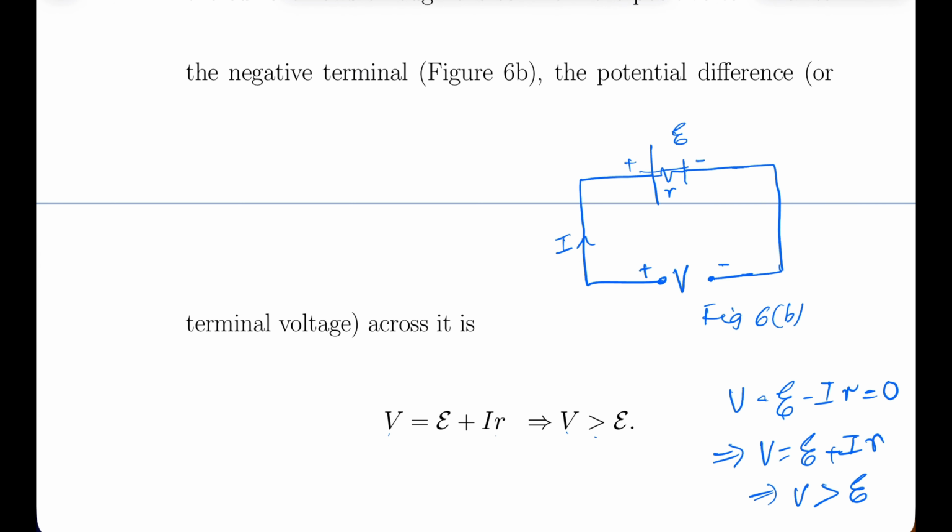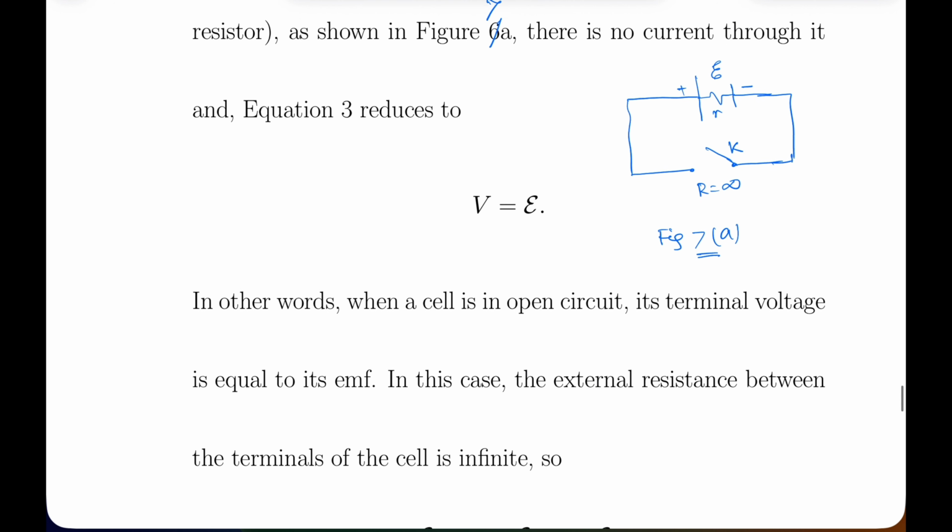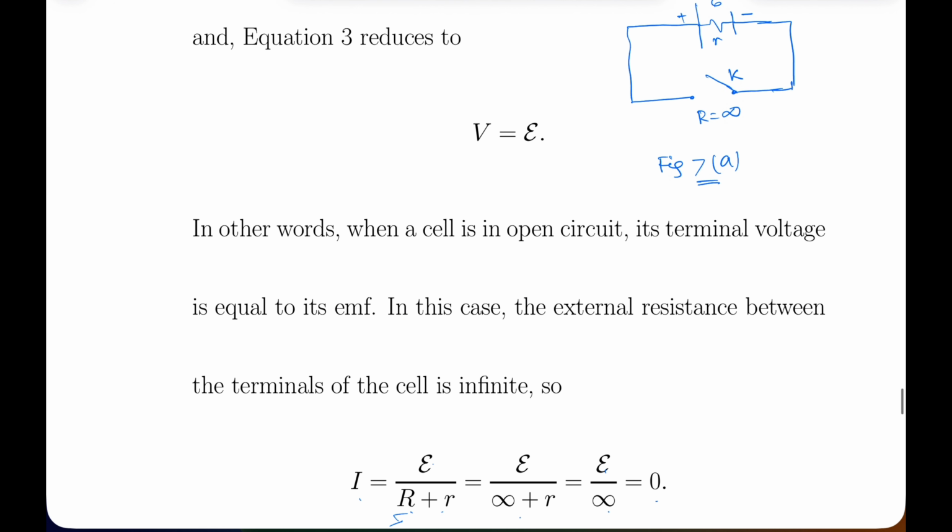When a cell is in open circuit, that is, it is not connected to an external resistor as shown in figure 7a, we have no resistance connected, so this is an open circuit. So R is infinite. There is no current through it, and equation 3 reduces to V equal to E. In other words, when a cell is in open circuit, its terminal voltage is equal to its EMF.